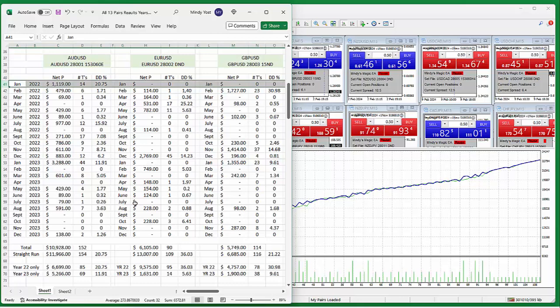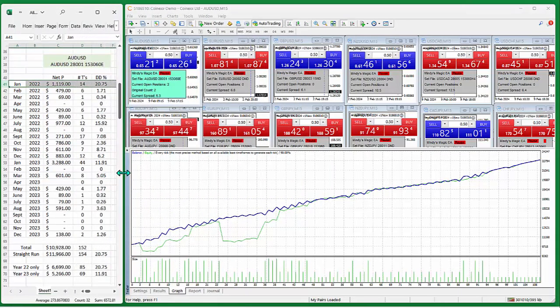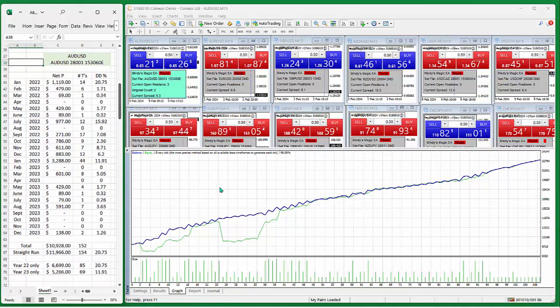All the pairs have their own unique movement patterns, and that's always been the case with Forex. It always will be. That's one of the reasons why we don't do all of our trading with just one pair. We trade 13 pairs.